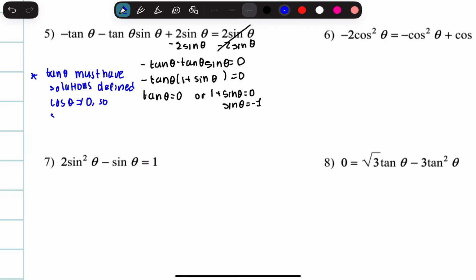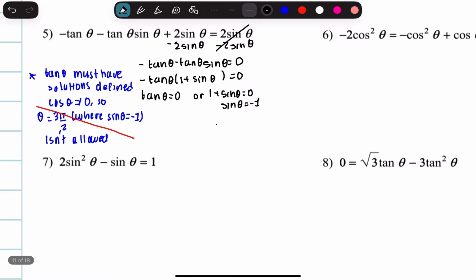So that means theta equal to 3 pi over 2, where sine of theta is equal to negative 1, isn't allowed. So that would actually not work. So for negative 1, that would have been 3 pi over 2, but that's not allowed.